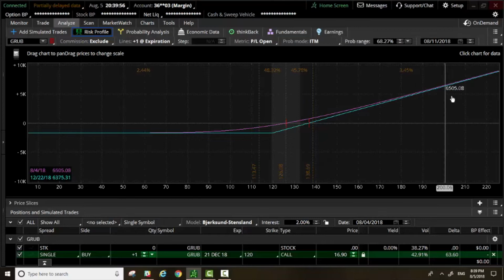Basically, as the stock price goes up, you make money, and you have a limited risk on the downside. But again, as you can see here, you're putting out $1,690 in risk. Well, what if you've got a smaller account and that represents too much of an allocation to that? Then the way we got to do this is we got to change the trade.